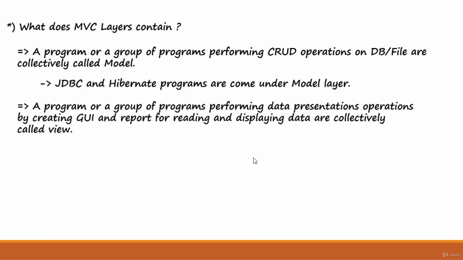A program or a group of programs performing data presentation operations by creating GUI and reports for reading and displaying data in a browser are collectively called the view layer. The view layer is nothing but the UI, the front end. Whatever data is displayed in the browser, or whatever web application you are seeing in the browser, comes under the view layer.